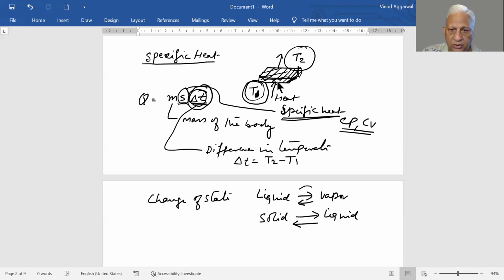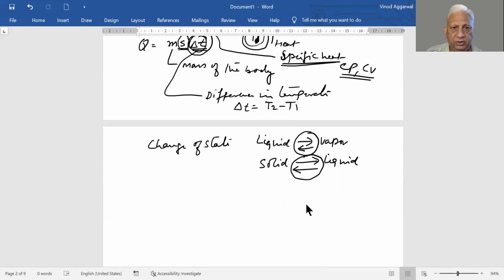During each of these processes, while there will be exchange of heat, the temperature does not change.